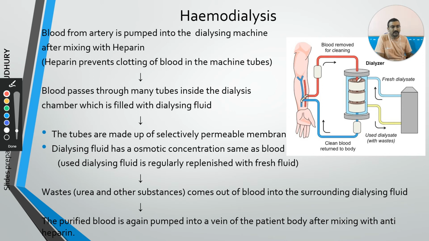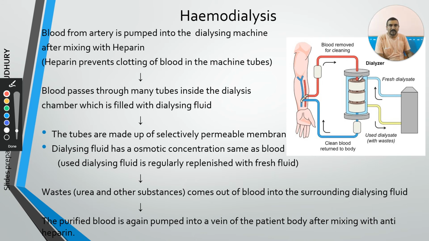But within this fluid, there are certain tubes which are regularly filtering the blood. Okay, how is it filtering? Because these tubes actually have a semi-permeable membrane. So when the impure blood is passing through this semi-permeable membrane, the impurities from the blood will come out into the surrounding dialyzing fluid. Do you understand the point?